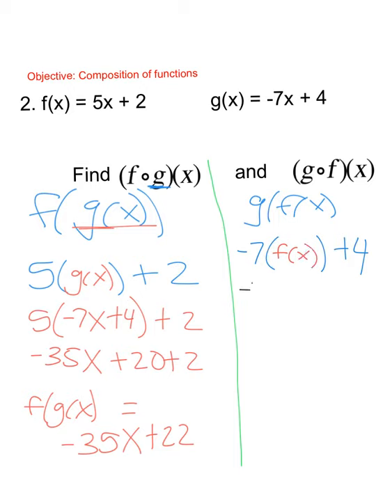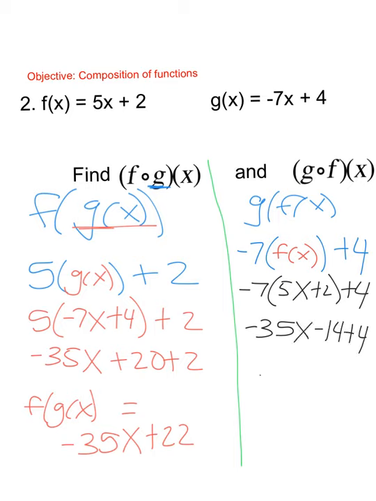So we get -7 times 5x plus 2 plus 4. -35x minus 14 plus 4. So g of f of x equals -35x minus 10. So they're pretty similar because they're both lines.